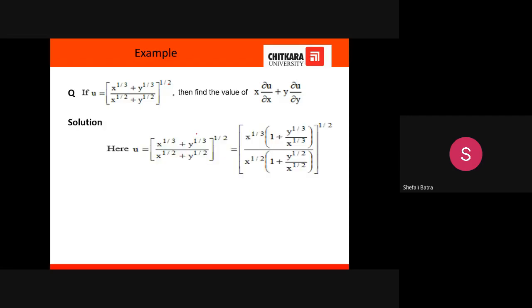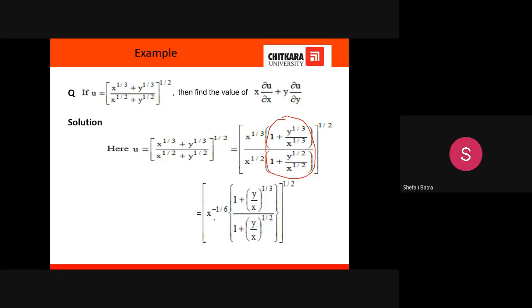U is equal to x power 1 by 3 plus y power 1 by 3, upon x power half plus y power half, and total power half. So in numerator, you are taking x power 1 by 3 outside, 1 plus y power 1 by 3 upon x power 1 by 3. And in denominator, you are taking x power half outside. So 1 plus y half upon x half, and total power is half, right? So this is the complete function of y by x. So you are writing 1 by 3 minus 1 by 2.